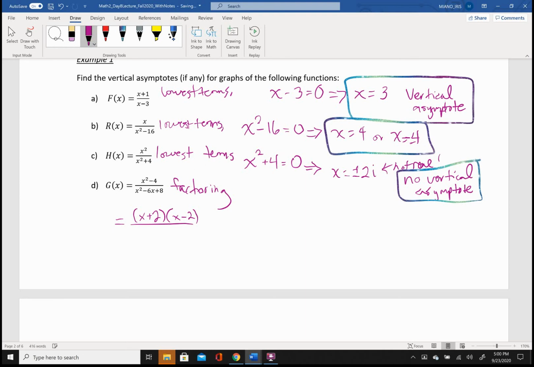And the denominator, factoring it, I believe I got x minus 2 times x minus 4. You're going to want to cancel out those common binomial factors and get g of x now in lowest terms: x plus 2 over x minus 4. Now it's in lowest terms.